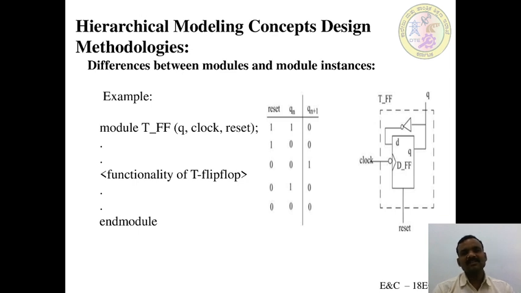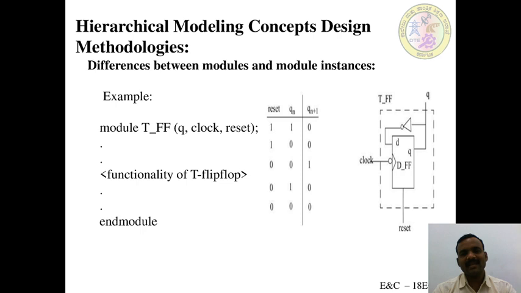Now the difference between the module and the module instance, with an example of the T flip-flop. The dotted line we call the T flip-flop. This is the module name, and here are the input and output: Q is the output, and clock and reset are the inputs.